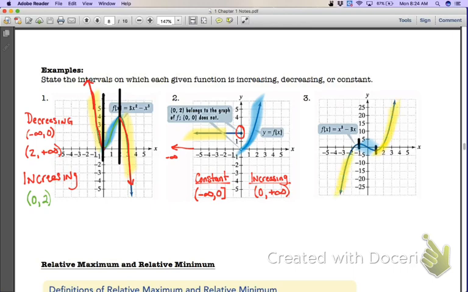The biggest thing with increasing and decreasing is making sure that you always look at it like, if I start on the far left, am I going to walk up the hill, or am I going to walk down the hill, or am I going to walk across that straight line?